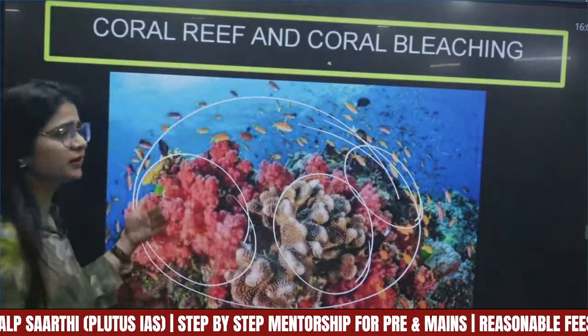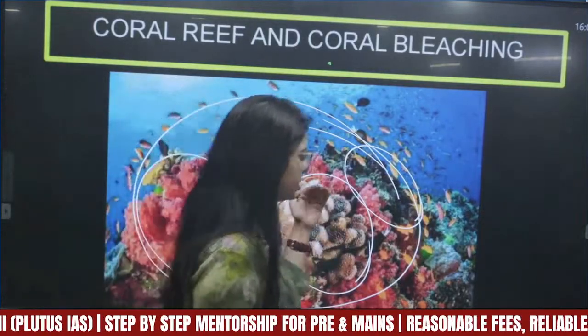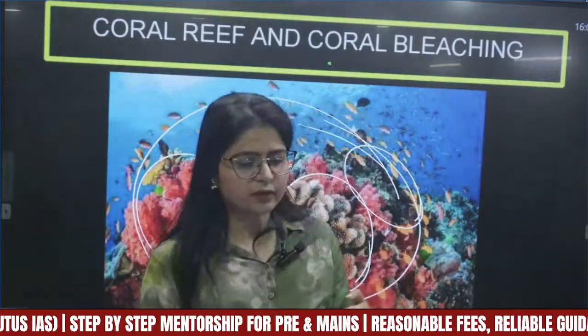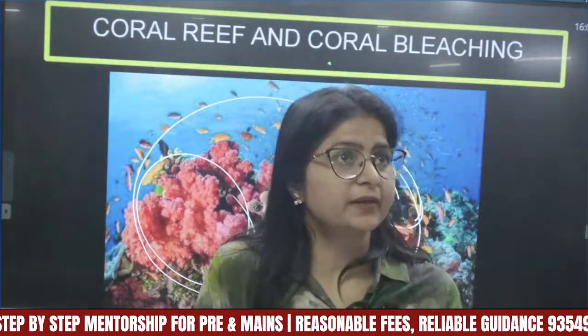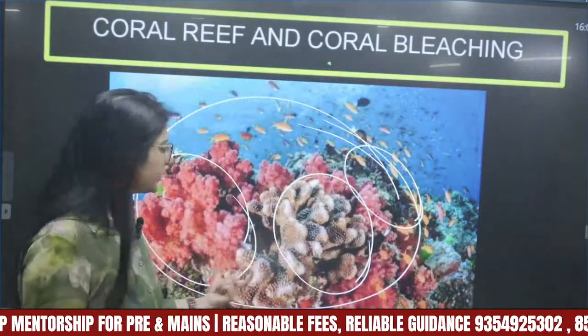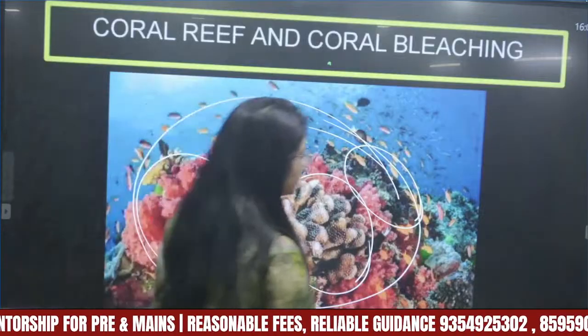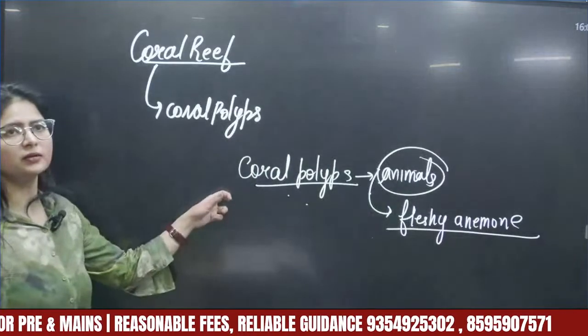There is a blue color, red color, yellowish color, greenish color. All of them are associated, and you would have seen them in many of the images also. For example, in Australia, the Great Barrier Reef is there. You can definitely find such images over there. Okay, so how are these colors associated with this particular species?